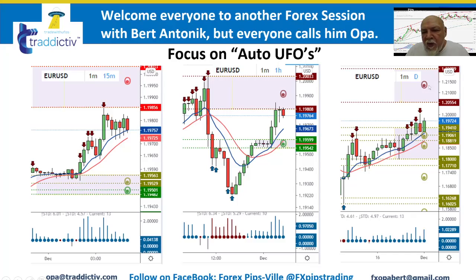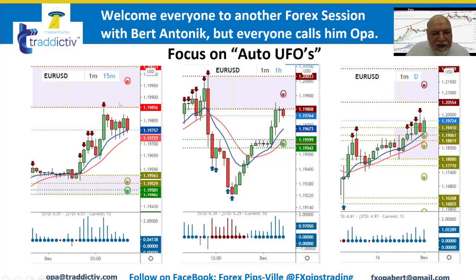Remember that the UFO itself, the little flying saucer that you see in these areas, and I have shaded those areas in, but normally they just show up as dotted lines. That level is where the algorithm identifies the most overbought, oversold.